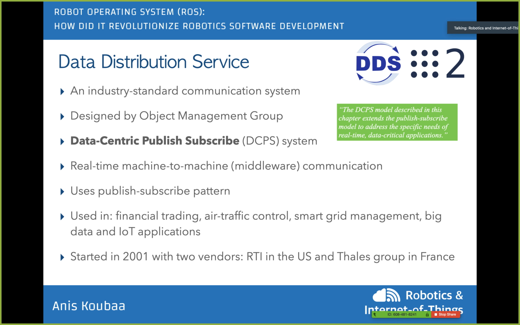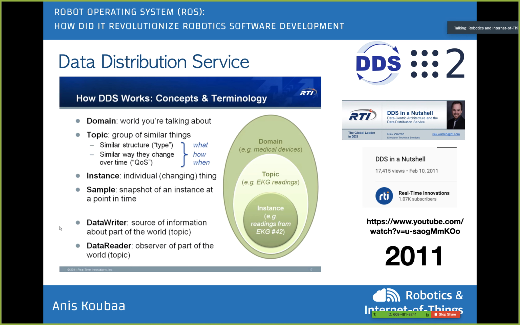It all started in 2001 by RTI in the US and Thales Group in France. So why DDS? This is a presentation that I found on YouTube from Rick Warren from RTI, which is the main developer of the Data Distribution Service.